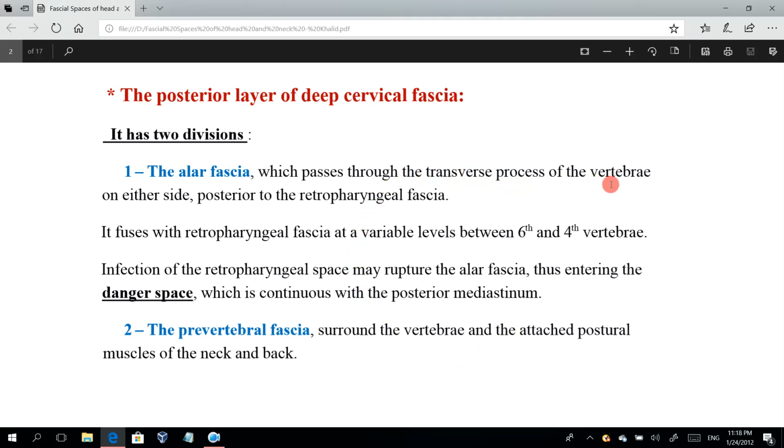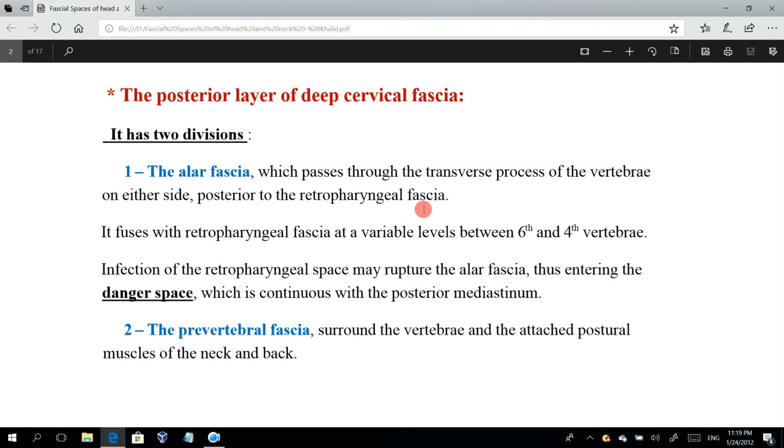Keep in mind the cervical vertebrae and their transverse processes. So this alar fascia extends from above downwards through the transverse processes of the vertebrae on either side, of course, on the right and the left. And it is posterior to the retropharyngeal fascia.